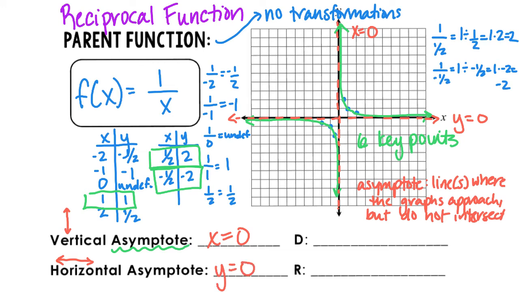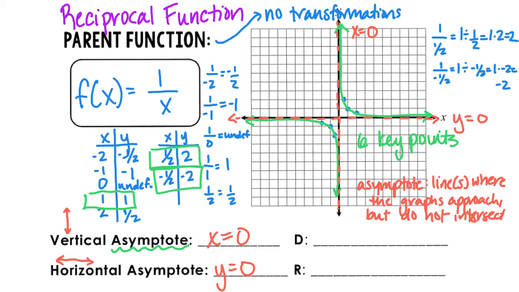And then your vertical asymptote is directly correlated to the domain. So the domain here is all x's except for 0. So we can substitute any value in for x except for 0. We can write that in a few different ways.